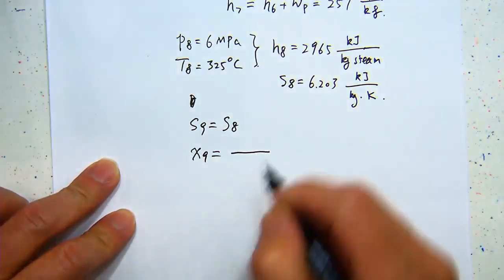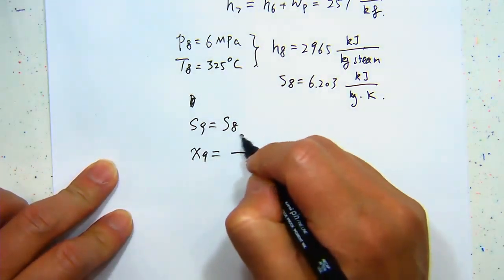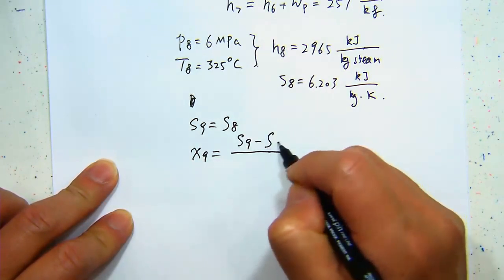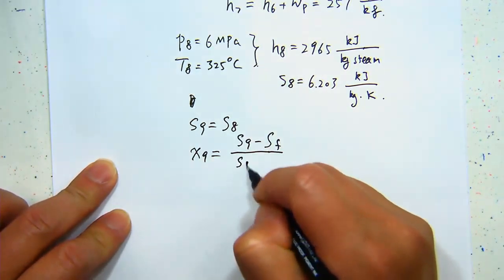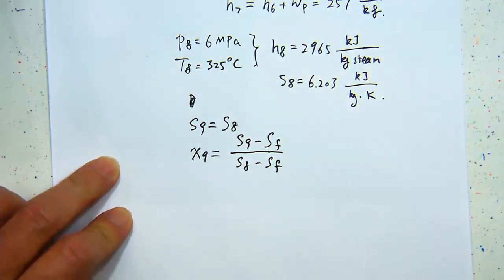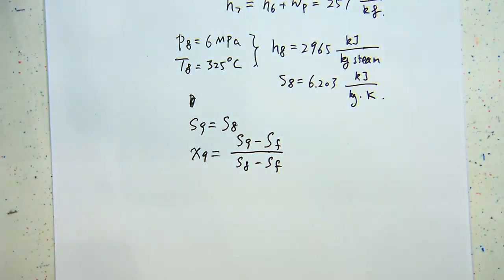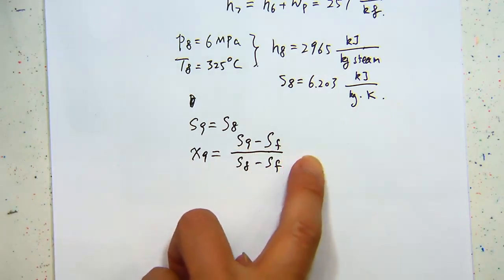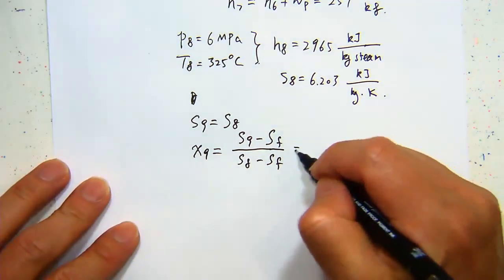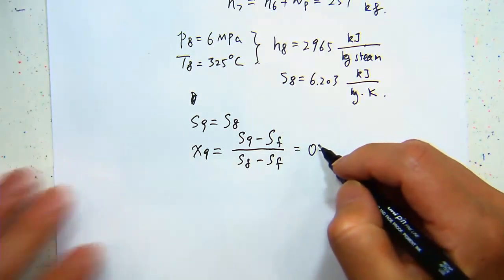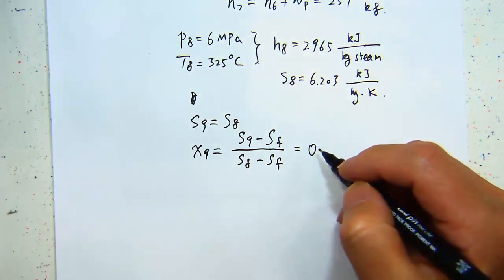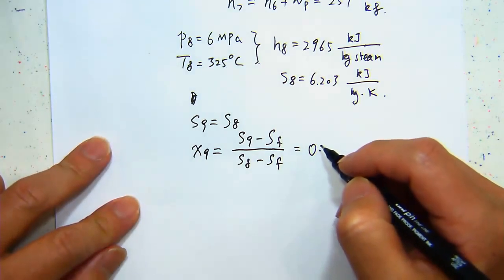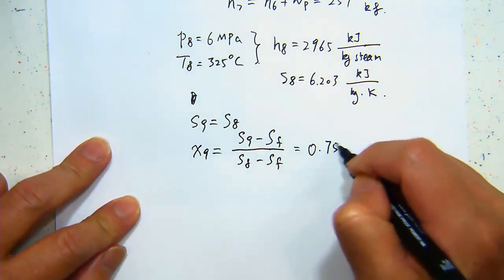If you recall the equation we had before, it is S9 minus SF over SG minus SF, right? That's the entropy there, which is SG. Entropy there will be SF. That's all from the table. Then with the known value of state 9, you can figure out the quantity there. So that will be 0.759.